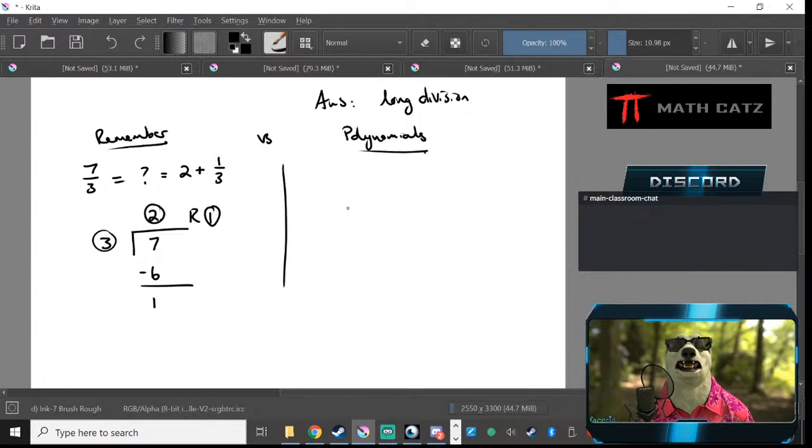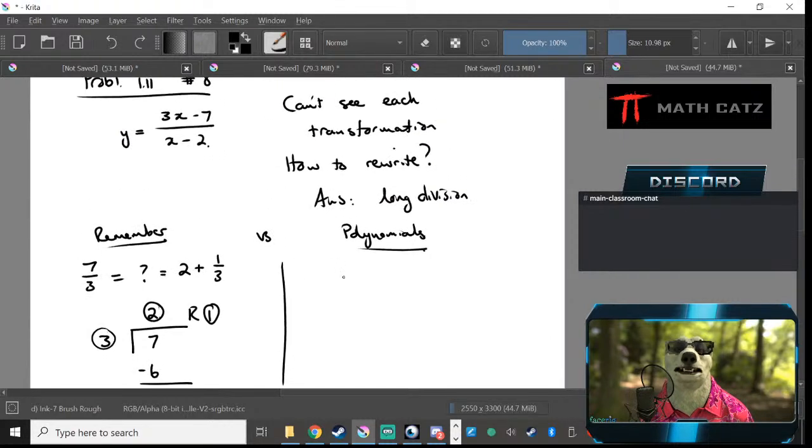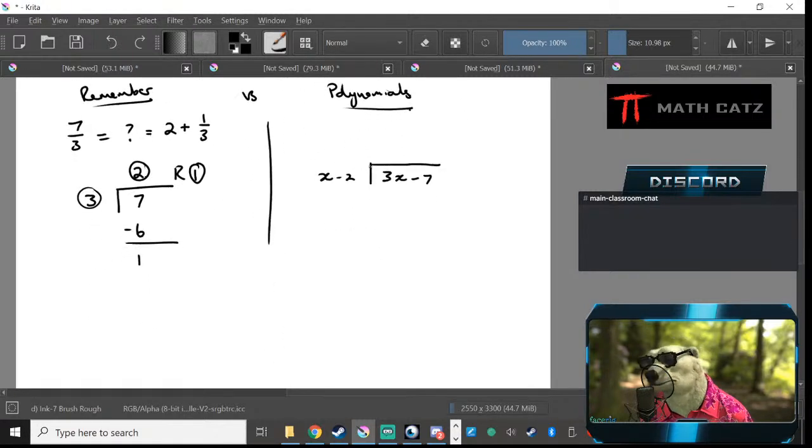We're going to do the same thing. We have, however, little polynomials. Our numerator is inside the house, 3x minus 7. Our divisor is x minus 2 outside the house. But we're doing almost the same thing.